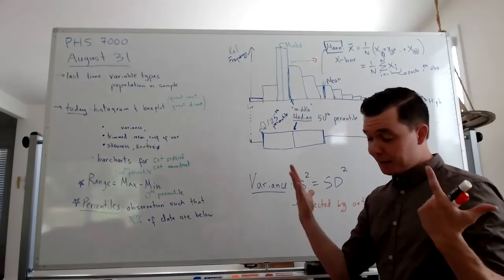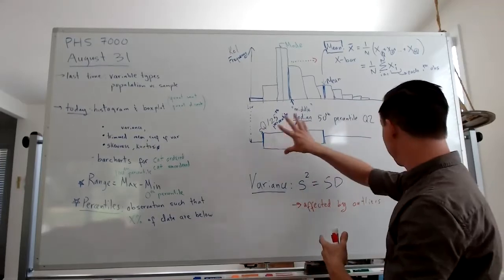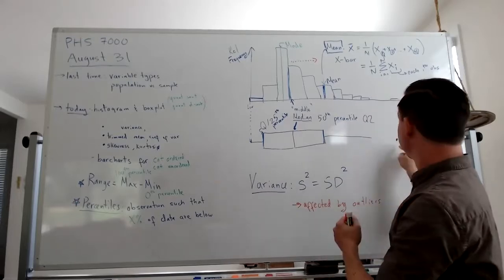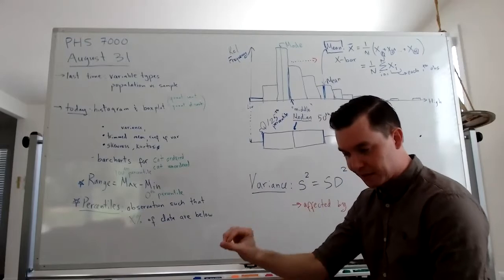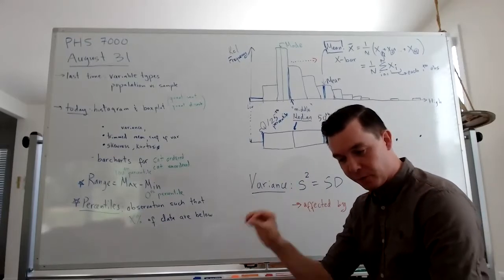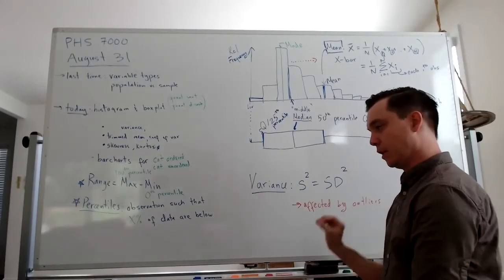Again, doesn't make it not usable, but if you make your box plot, you see a ton of these guys somewhere, you know to look at the standard deviation, the variance, and the mean with a grain of salt.